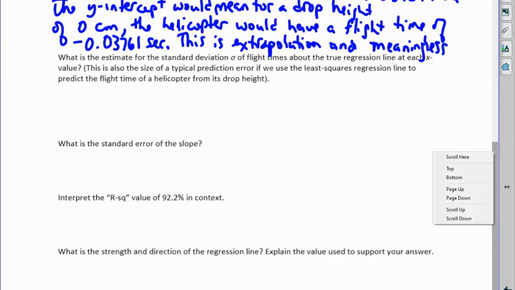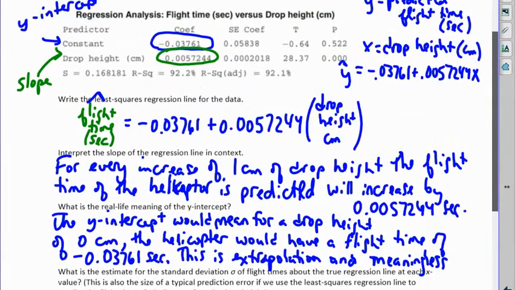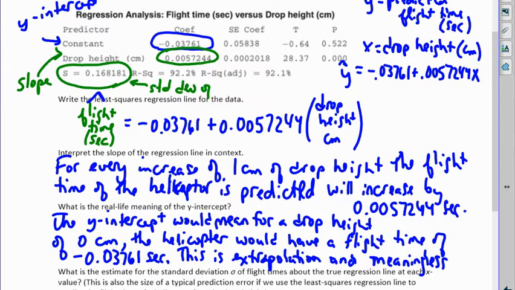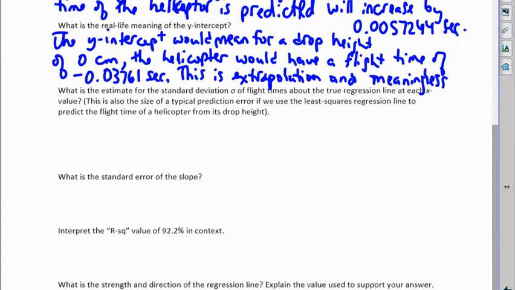How much are these flight times predicted to be varying? And so I got to look up here and find my standard deviation of my residuals, which is this number right here. That's the standard deviation of residuals. And what does it mean? It's how much your prediction is expected to be off from the observed.